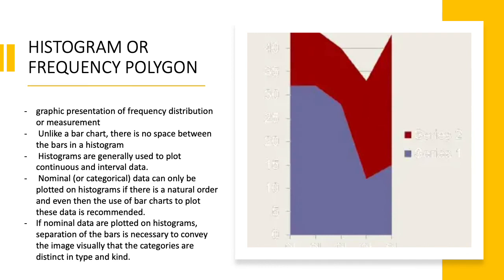Okay, we have here a histogram or a frequency polygon. So this is called a histogram for a frequency distribution or measurement. Okay, so this is for continuous or interval data.